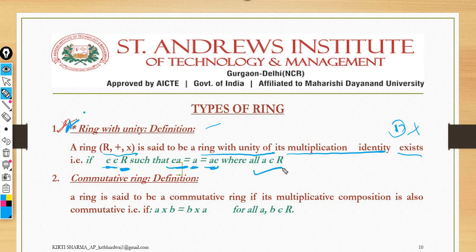I hope it is clear, because it's the identity element itself. If you are taking A as an element of R and E is the identity element, whether you take the left identity or the right identity, the element itself must be the result. So if you are getting 1 as the identity element, it is possible in the case of the multiplication operation only. So a multiplicative identity will be there, and this is known as a ring with unity.